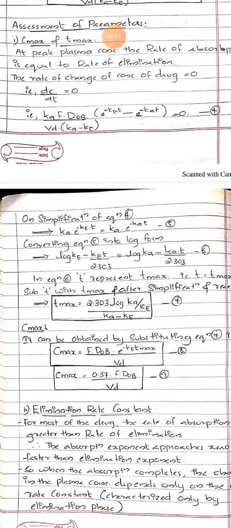That is equation 7. You have to learn the equation for Tmax by heart, because in the assessment of Cmax and Tmax there are a lot of simplification steps that we are not writing here.